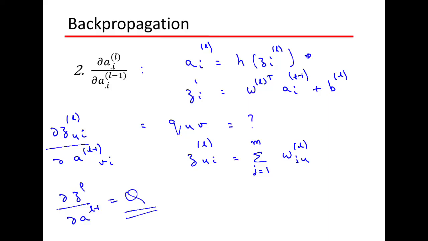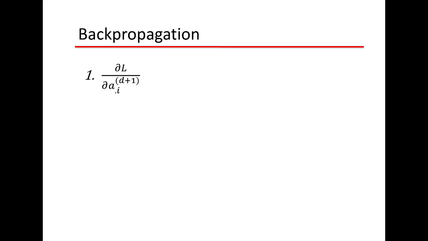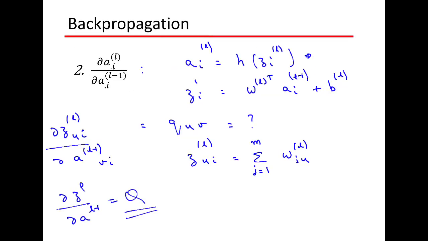Let's go back to this picture. We are looking at the L minus 1th layer. So how many units? M of L minus 1, right? So this is going from 1 to M L minus 1. Okay? Now what?